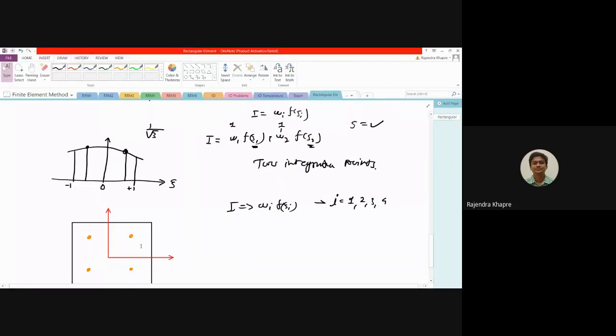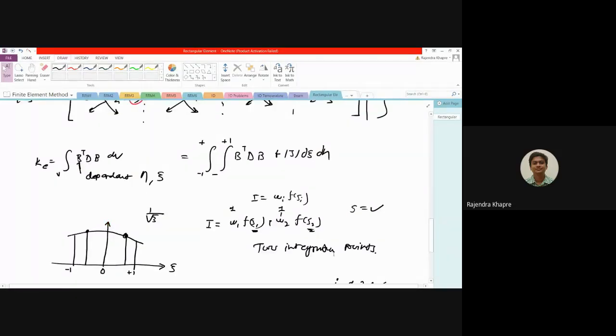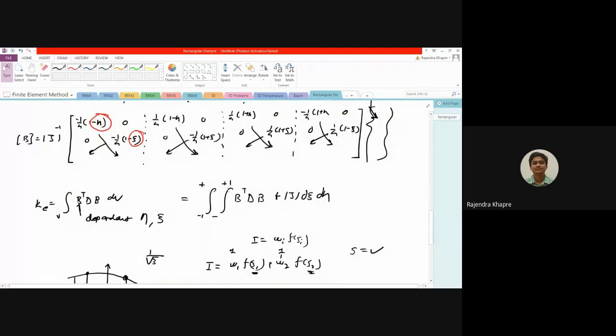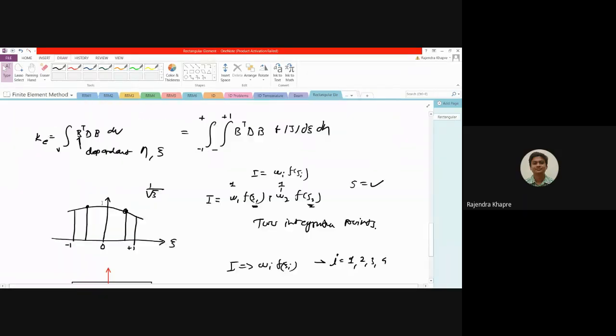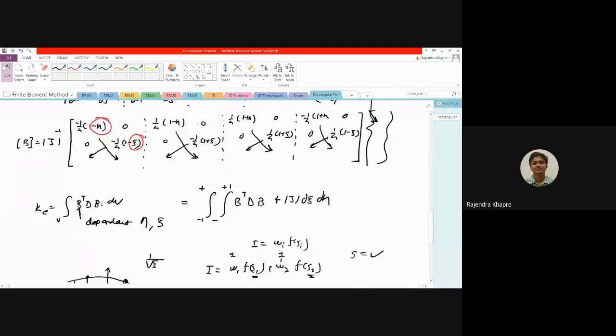When you are solving a problem, you have to generate this B matrix, which has terms of xi as well as eta. So first you have to take the values of xi and eta at the points, and then go for the multiplication of the entire B transpose into D into B.